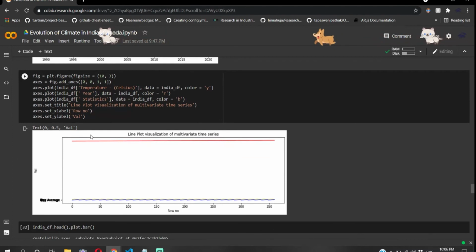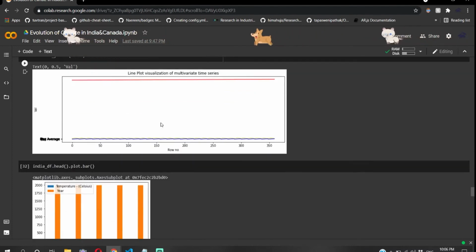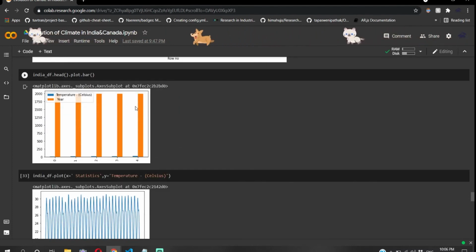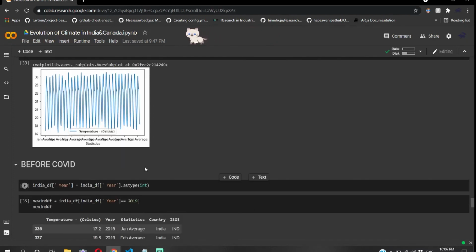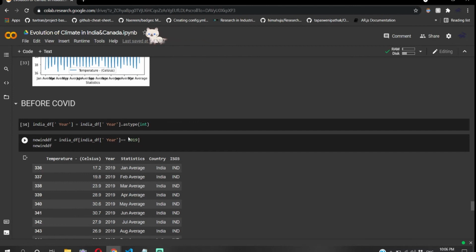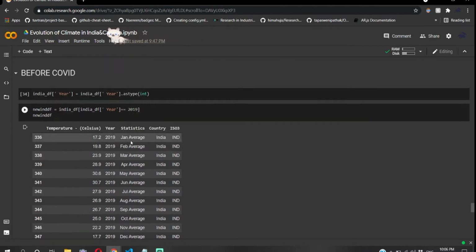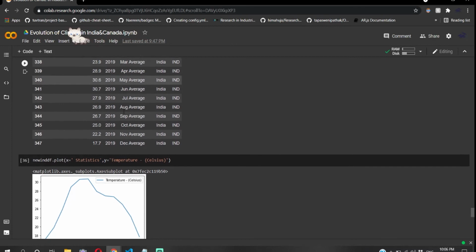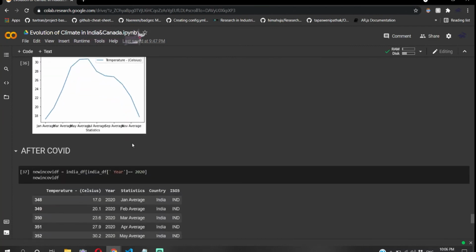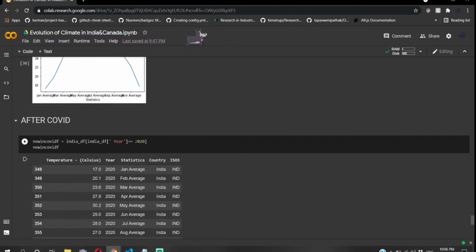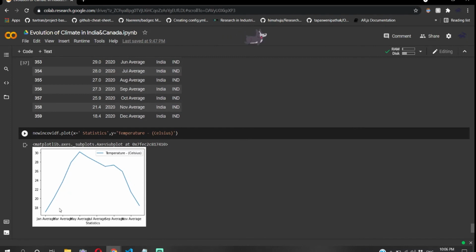Then I've done the same line plot visualization, a bar plot, and then statistics versus temperature Celsius, and then January, February, March. Before COVID, for 2019, this is the data and this is our curve. But after COVID, for 2020, we have a weird curve.